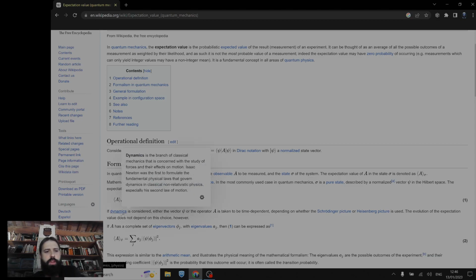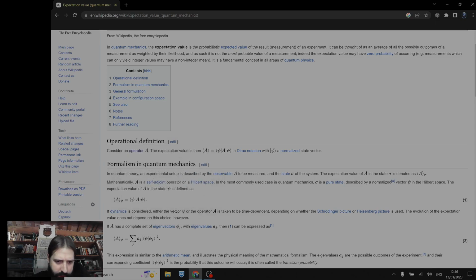If dynamics is considered, either the vector psi or the operator A is taken to be time dependent, depending on whether the Schrödinger or Heisenberg picture is used. The evolution of the expectation value does not depend on this choice, however.